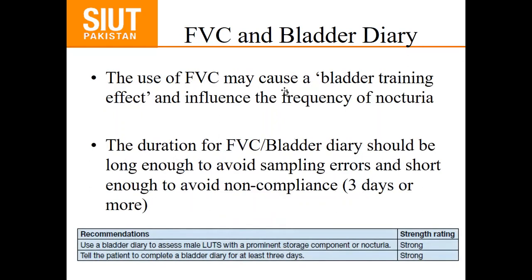The use of frequency volume chart may cause a bladder training effect and influence the frequency of nocturia, and the duration of bladder diary and FVC should be long enough to avoid sampling errors and short enough to avoid non-compliance. So it is recommended by EUA strongly that use of bladder diary to assess male urinary tract symptoms with a prominent storage component or nocturia, and tell the patient to complete a bladder diary for at least 3 days.